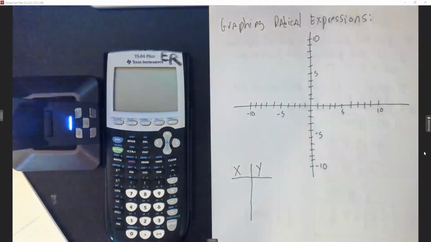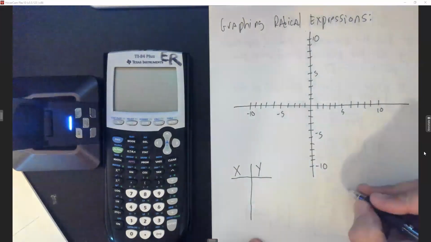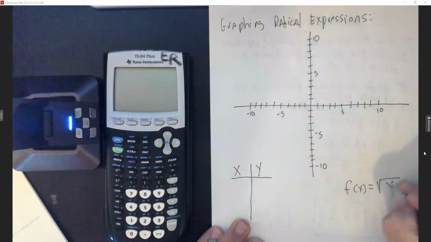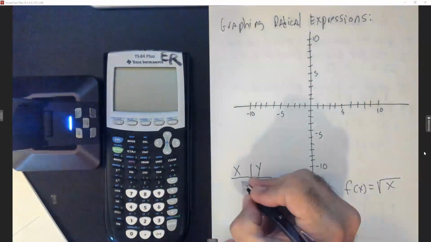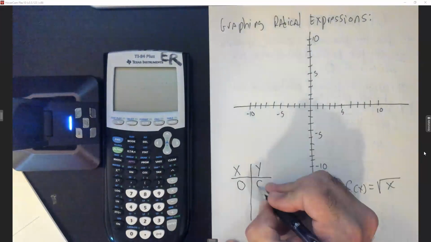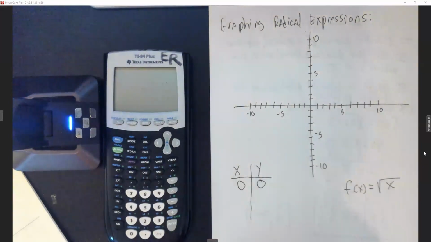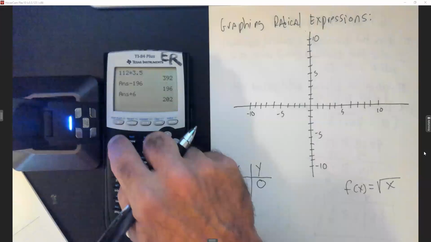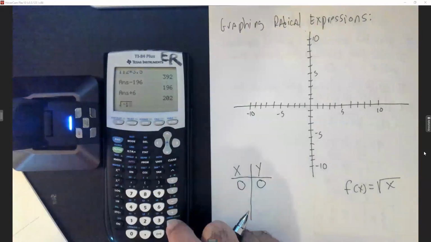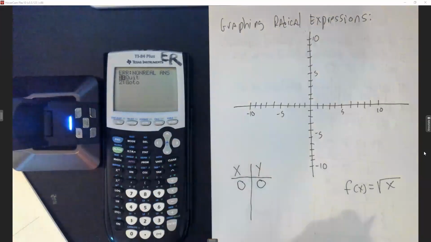Now, x can't be a negative number because I'm plotting f of x equals the square root of x. So let's see. If x is a 0, I put a 0 in. Square root of 0 is 0. Now, y'all watch this. I can't put in a negative x because if I try to take the square root of a negative 1, it tells me, hey, you got a non-real answer, which means it's pretty much what?